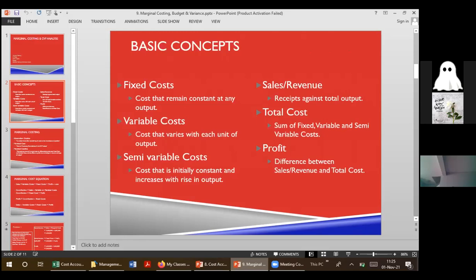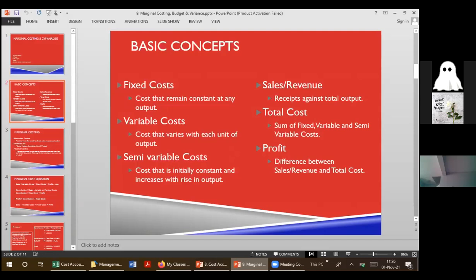As your production increases, your variable cost will also change. Semi-variable costs are initially constant and increase with a rise in output. If the production is zero, they will not be zero, but if the production rises, they will rise with that. Similarly with the total cost also.